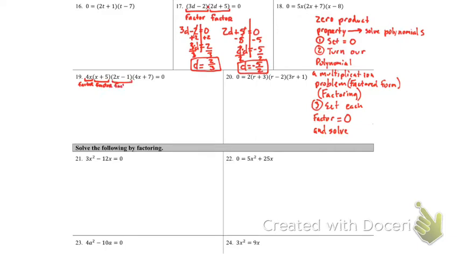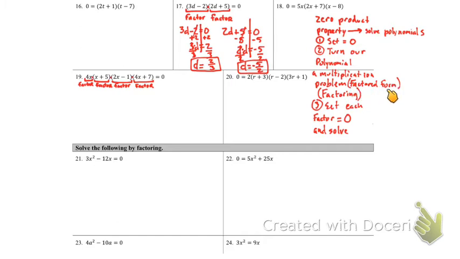This is a factor. So these are all factors because they're multiplying with each other. So if you look, I have 4 factors and they're all multiplying. There's no plus or minus sign in between these parentheses, which means it's multiplication. So that tells me step 2 is already done. We didn't have to factor because it's already in factored form.